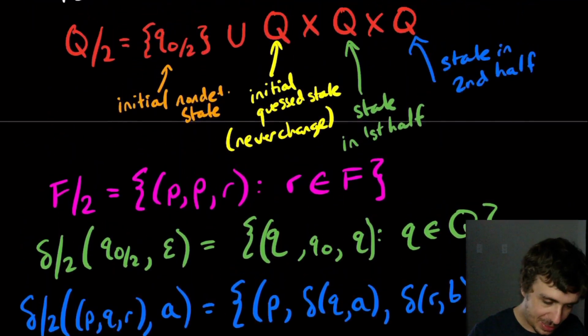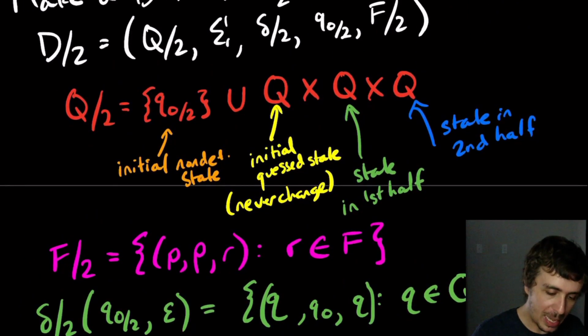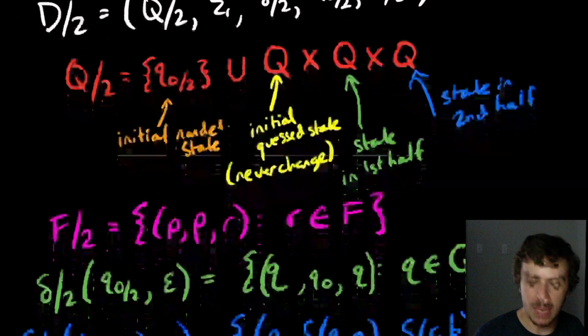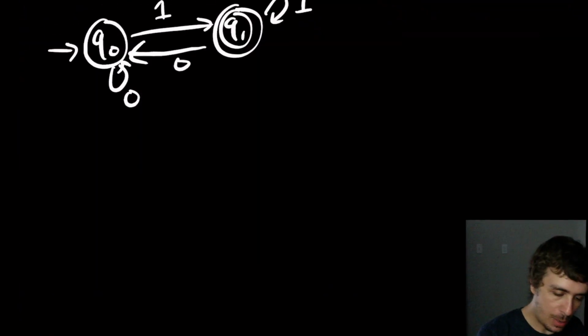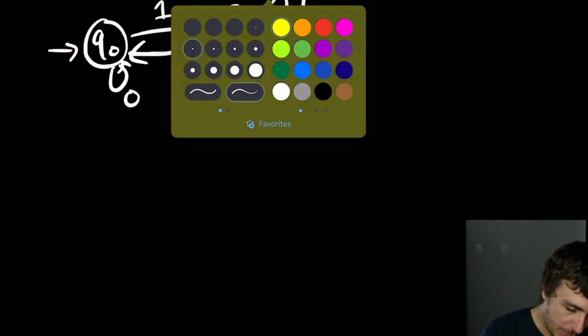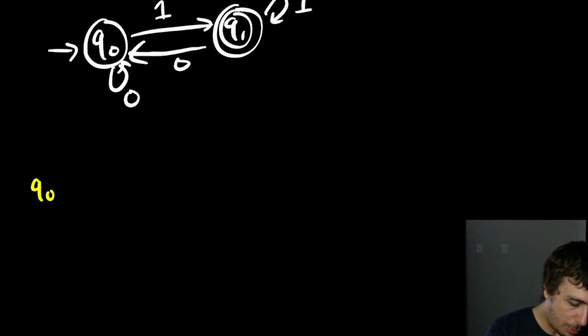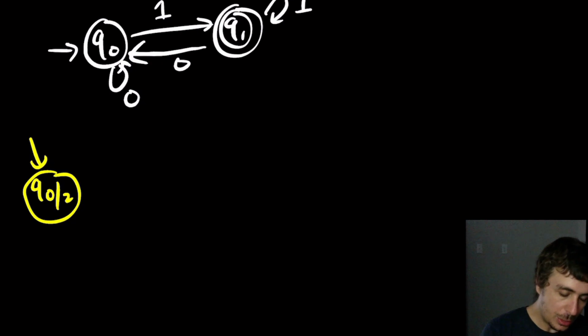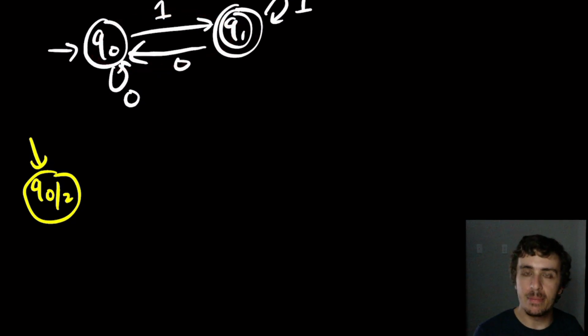So let's think about what the states are. So we're going to have, well, there are 2 states in each one of these. So there are going to be 8 states from here and then 1 more from here. So I'm going to have, let's do it in yellow. So I have Q0 divided by 2. That's going to be there. And so I'm going to have all triples from here. So I'm going to actually abbreviate them using the subscript. So if I refer to 000, that's going to be Q0 3 times.